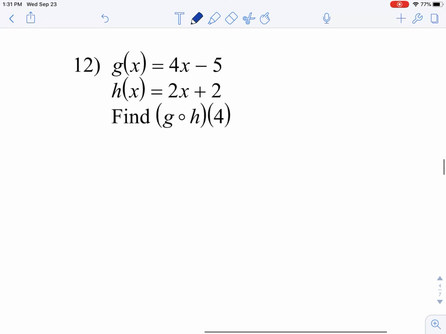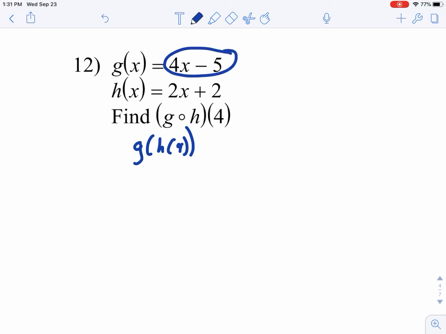Number 12, h of g of 4. Okay, so like yesterday, there's maybe an easy way and a hard way. You can plug h into g, get that answer, and then plug in a 4. Maybe I'll do it that way. I'll do it the hard way first. So g of h of 4. G of h means I start with g, 4x minus 5, and I plug in 2x plus 2.